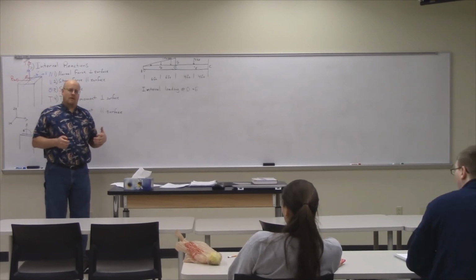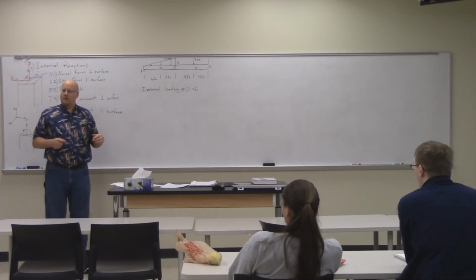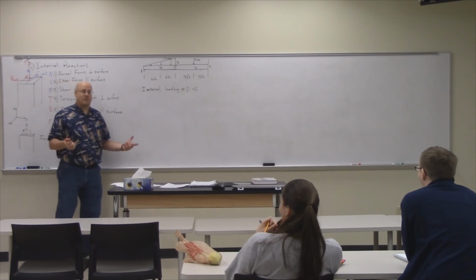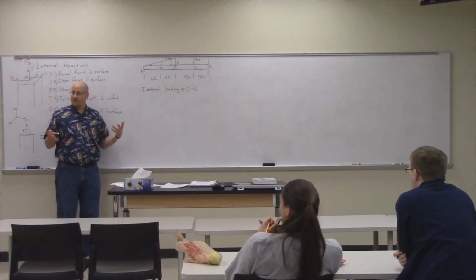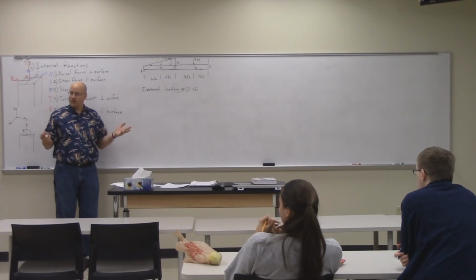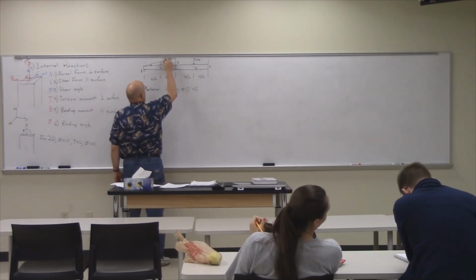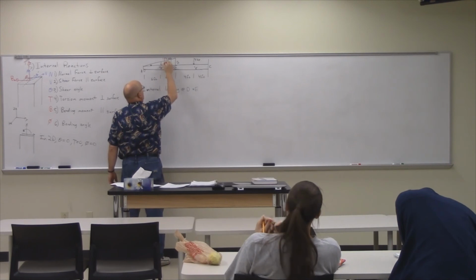We already know what it is because it's a triangle. The area of the triangle is 1/2 base times height, right, the integral is 1/2 base times height. So it's 1.5 times 12 times 1/2. 18 kips, so it's 9 kips. That's half. So 9 kips.